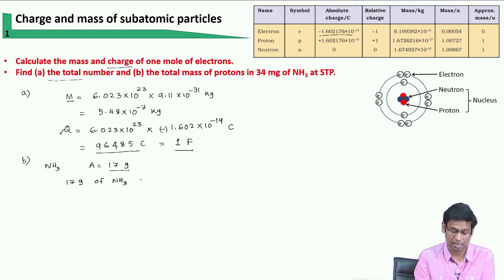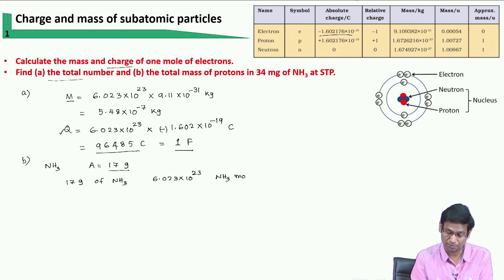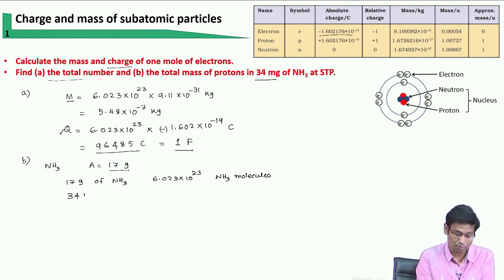17 gram of ammonia contains 1 mole of ammonia molecules, 6.023 into 10 to the power 23 ammonia molecules, because this is its molecular mass. Now it says we have 34 milligrams. So, let us find out how many molecules of ammonia will be there in 34 milligram of ammonia.